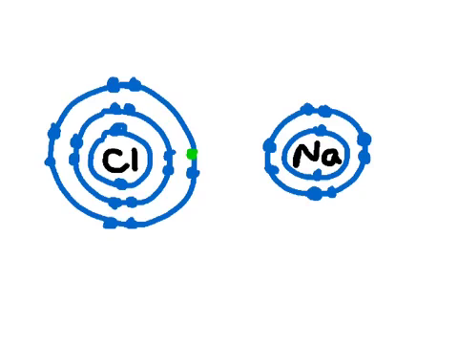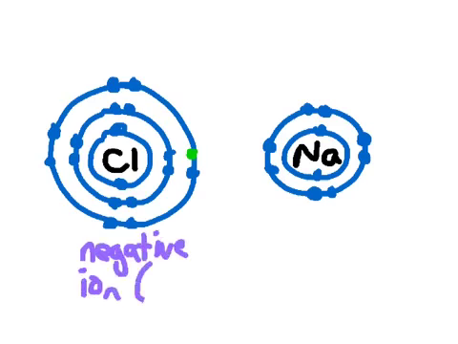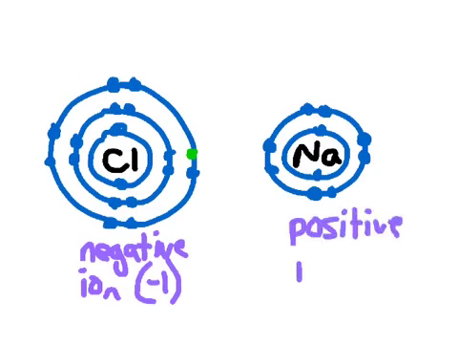Now, since chlorine was neutral and it got an extra electron, what does that do to chlorine? If you said it makes chlorine a negative ion with a -1 charge, you're right. And since sodium was neutral and it gave up an electron, if you said that made sodium a positive ion with a +1 charge, you would also be correct.